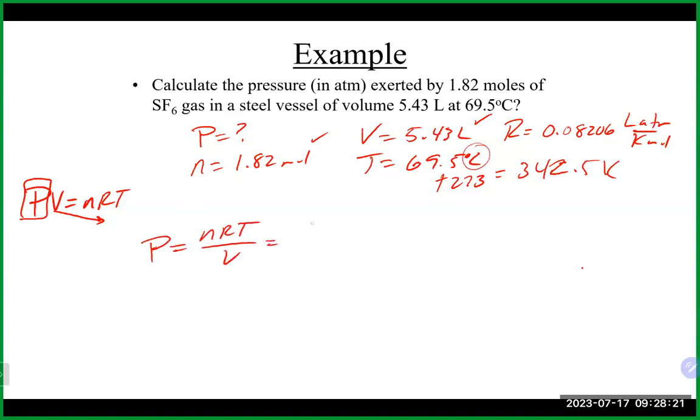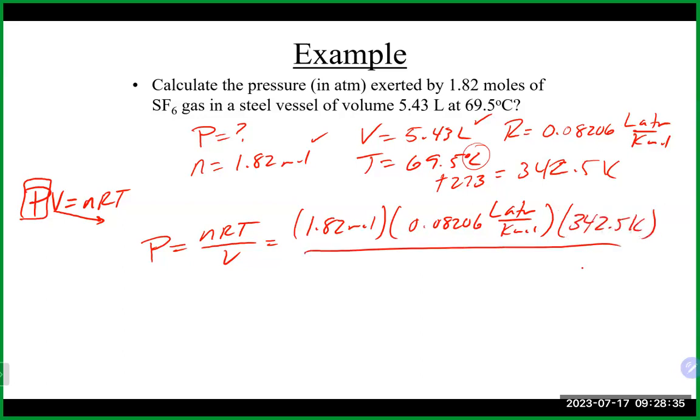Put in our numbers here: 1.82 moles, our gas constant 0.08206 liter atmosphere per Kelvin mole, our temperature being 342.5 Kelvin, all divided by our volume of 5.43 liters.